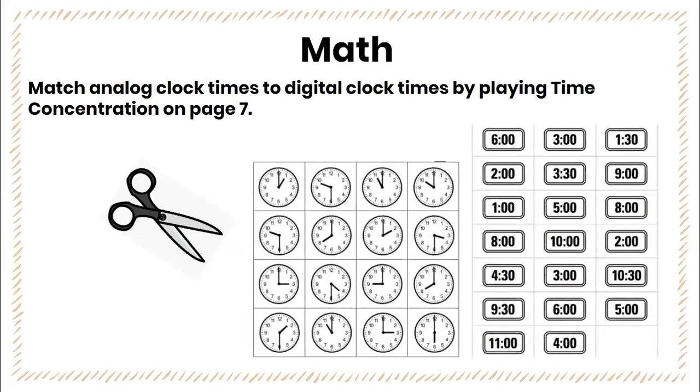In math, you will match your analog clocks times to the digital clock times by playing time concentration. On page 7, you will see these clocks. Go ahead and take scissors and cut them all out. How you will play is like this.